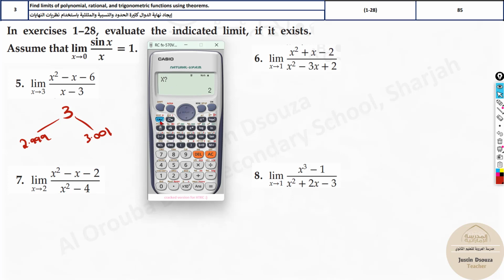Now you need to press calc and type in 2.999, and the value is very close to 5, so I'll just consider it 5. But let me check it on the other side as well. And yes, it is 5.001, that is 5. So the answer is 5 here. Let me just write it out here. The limit would be equal to 5. Both the sides, sorry, must be equal. Only then you get the answer.